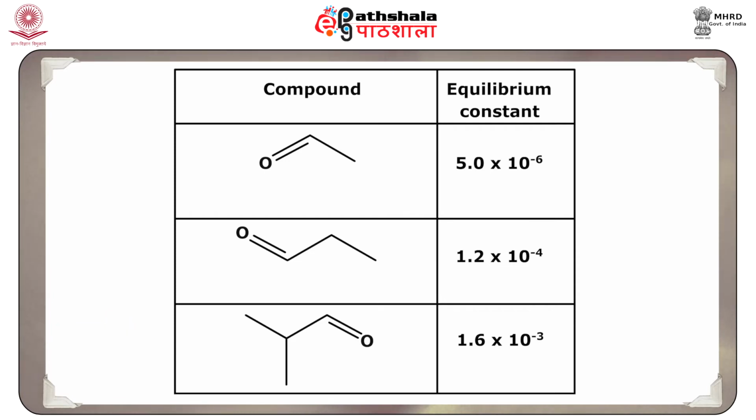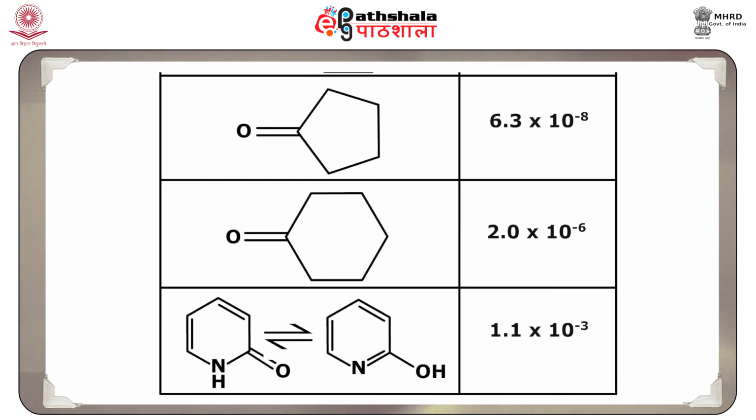Similarly, the other values are for cyclopentanone. As we further continue looking at cyclopentanone, it has a 6.3 × 10⁻⁸ value, and cyclohexanone has 2.0 × 10⁻⁶.